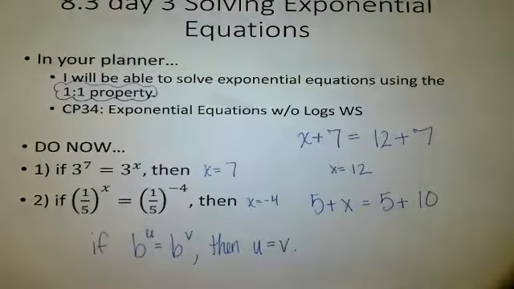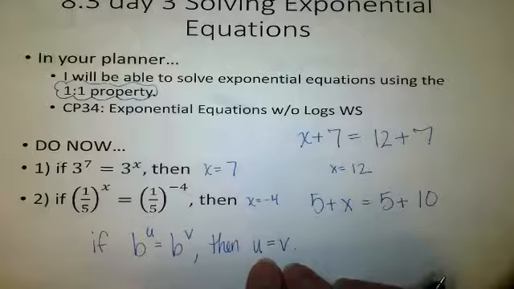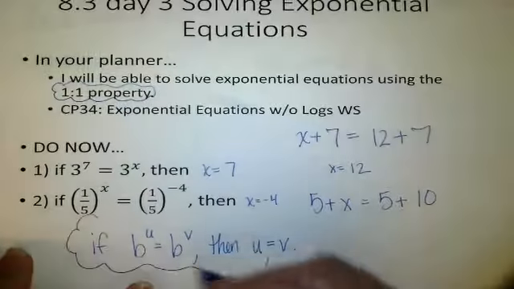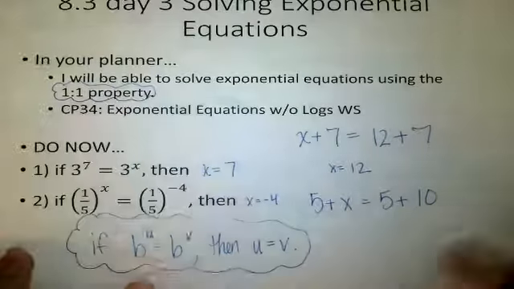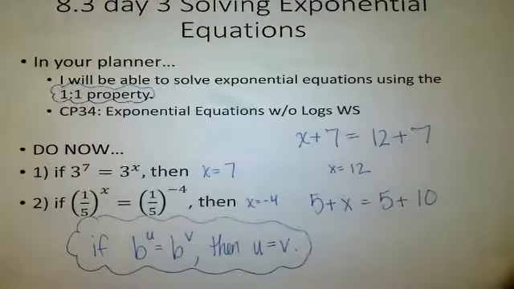If the bases match, then the exponents should have to match in order for these two things to be equal. Does that make sense to you? This is the one-to-one property, and we use the one-to-one property a lot coming up, okay?